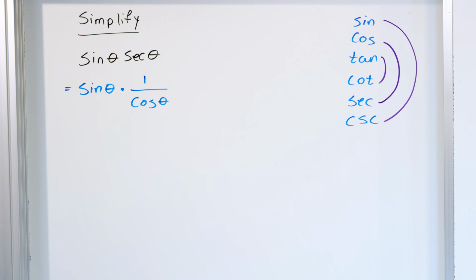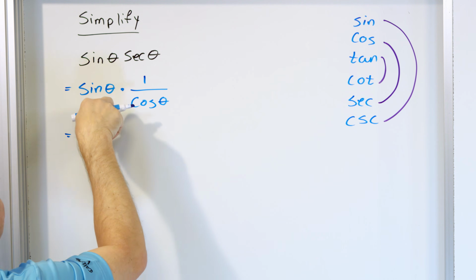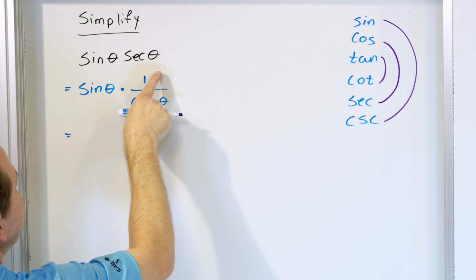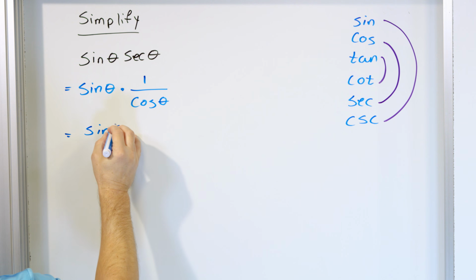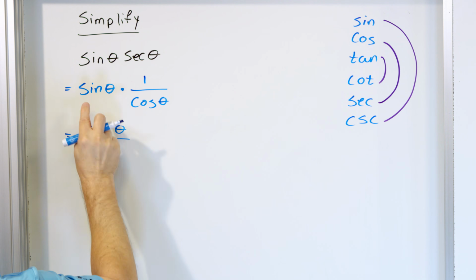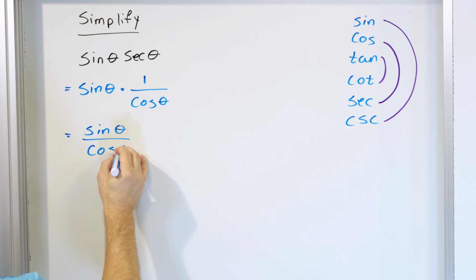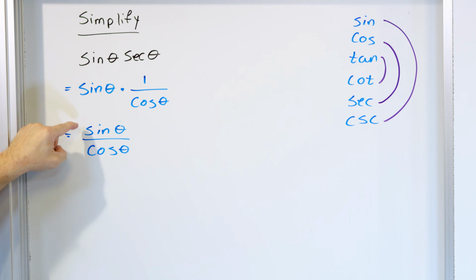I know that sine is like sine over 1, so I can multiply fractions. How do I multiply fractions? I multiply the numerators and I multiply the denominators. So sine of theta times 1 is this, and on the bottom there's an invisible 1 in the denominator times cosine theta right here.